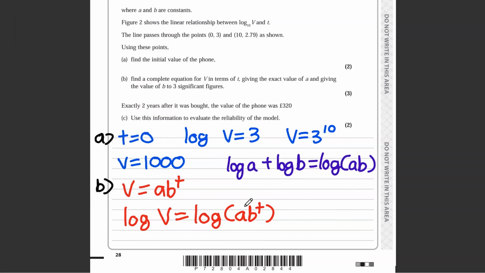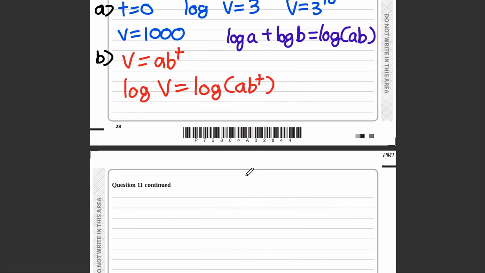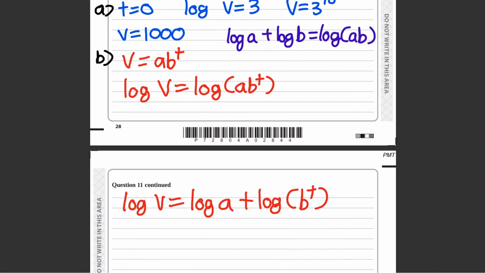We have log of a multiplied by b to the power of t, so we can split this up into 2 different logs by adding them together. So we can write this as log v is equal to log a plus log of b to the power of t, like this here, okay?